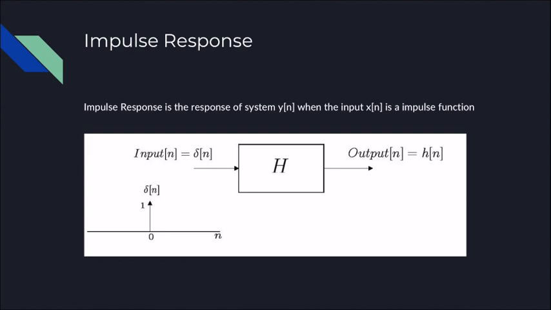And usually, as we have here in this photo, the input is the unit impulse, which enters a system, like an LTI system. It gives us the output h of n, which is the impulse response or the unit impulse response.